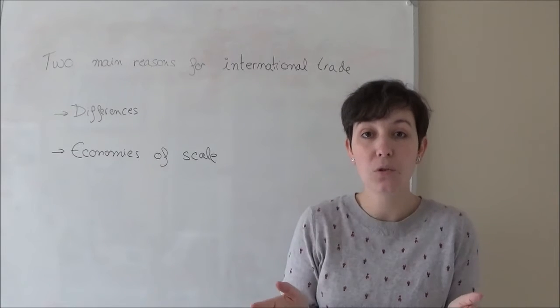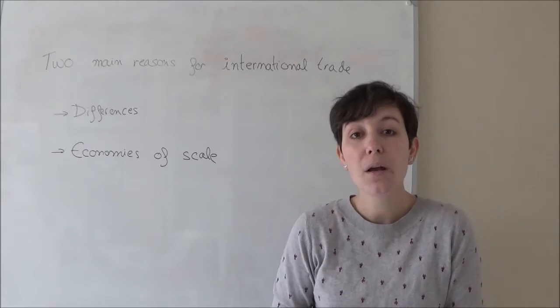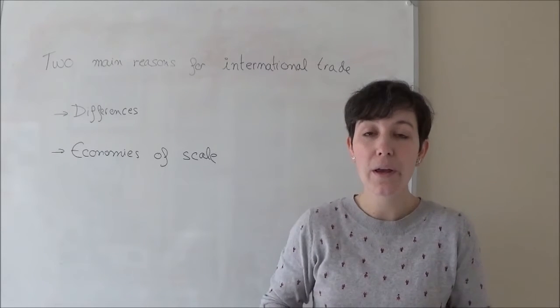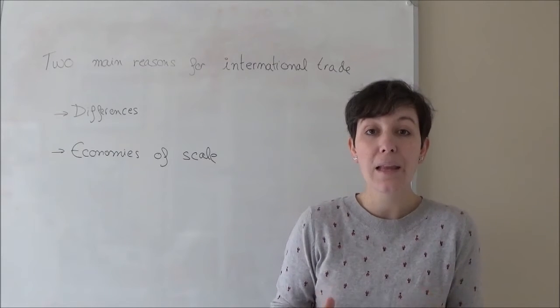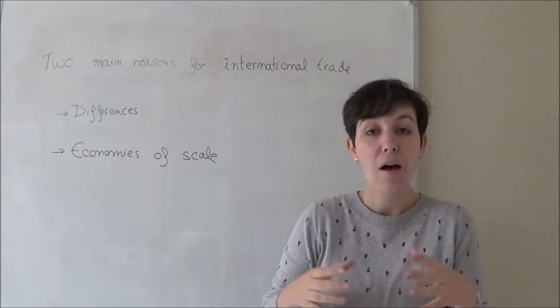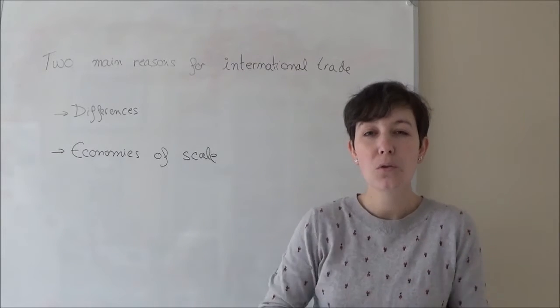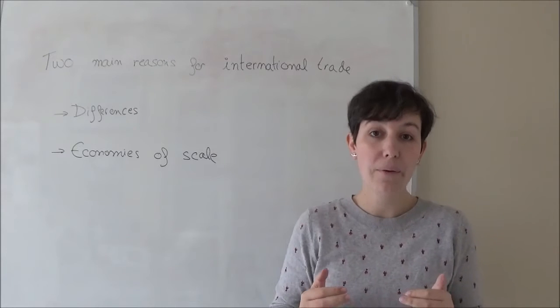When you open your market, now you have more consumers. And if you are able to produce in a cheaper way the higher the volume of production in your firm, that means it's really interesting to open the market, have more consumers, produce on a big scale, and then reduce average costs.